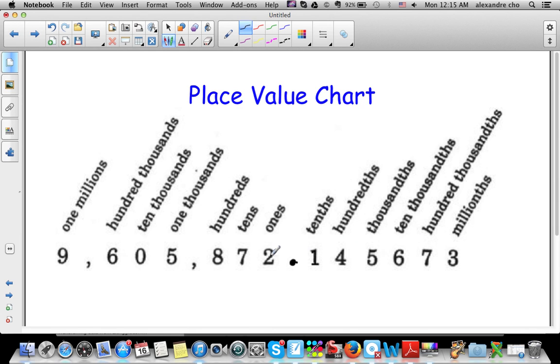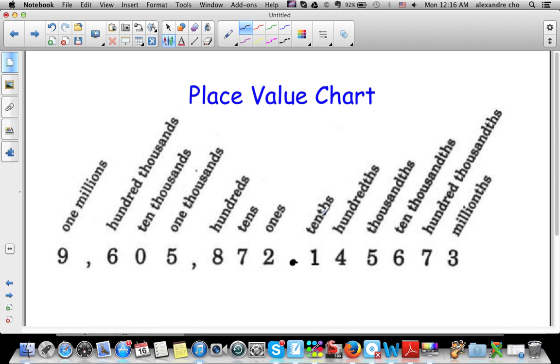So 2 ones means $2 bills, 7 tens means 7 $10 bills, 8 hundreds means 8 $100 bills, 5 thousands means 5 $1,000 bills, okay, if they were circulating. There are no $10,000 bills because it's 0 here. If there was a $100,000 bill, there would be 6 of them, and if there were a $1 million bill, there would be 9 of them.